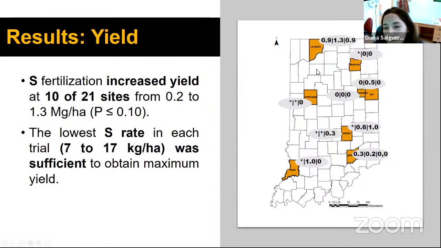These responses in every year and at every location were obtained with the lowest sulfur rate, and this lowest sulfur rate went from as low as 7 to as much as 17 kilograms of sulfur per hectare. So that was sufficient to obtain the maximum yield response.